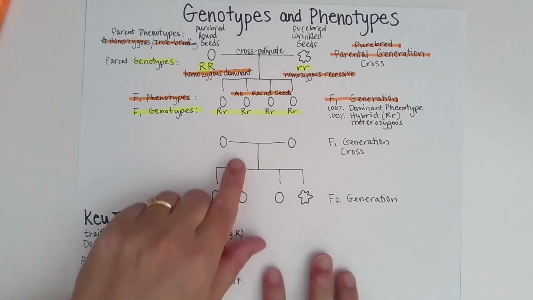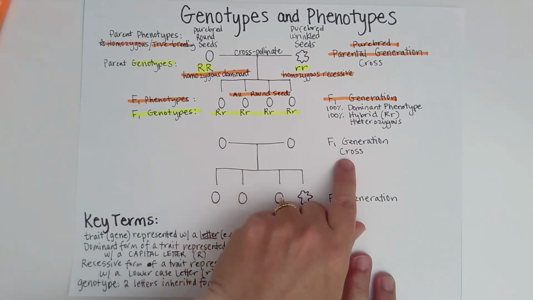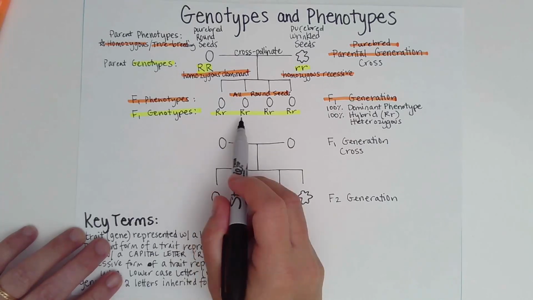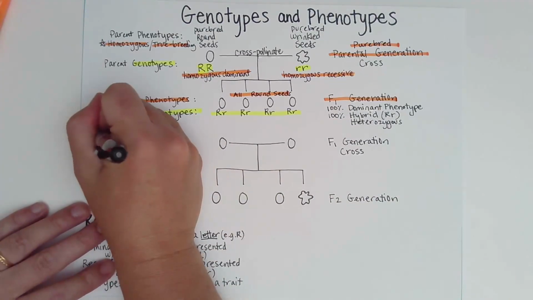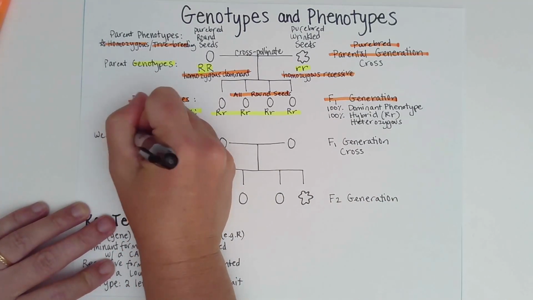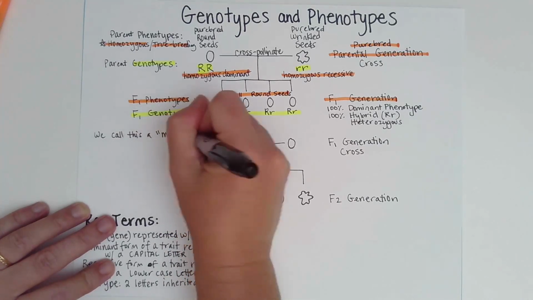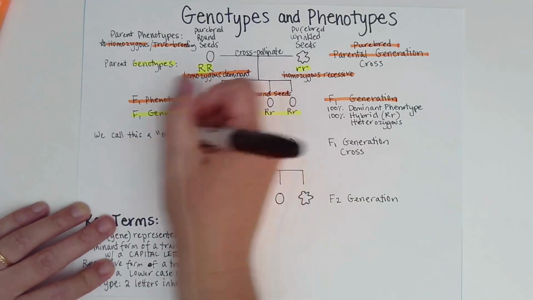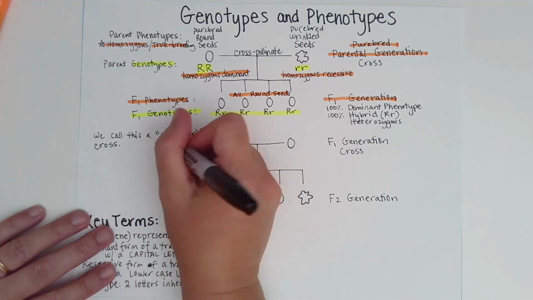So now we're going to cross 2 of these offspring, and that F1 generation cross, in this case, we're going to be calling this, whenever you have 2 hybrids that you cross, it's called a monohybrid. So we call this a monohybrid. And mono means 1.